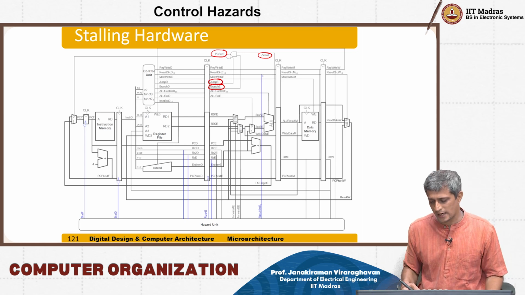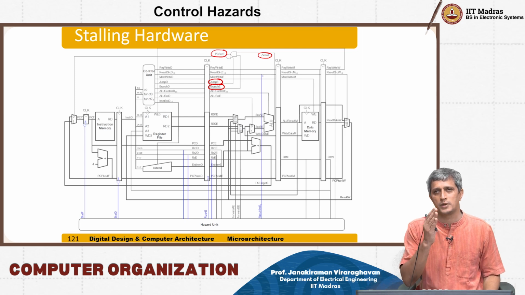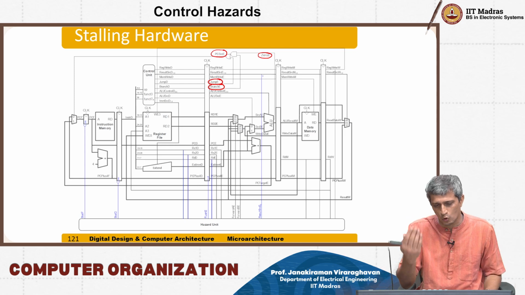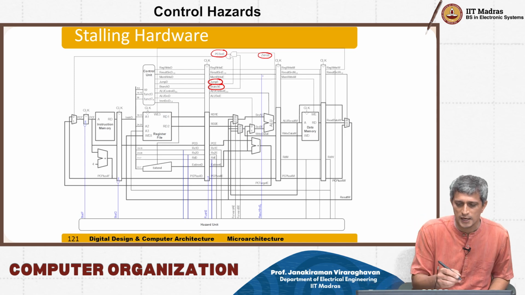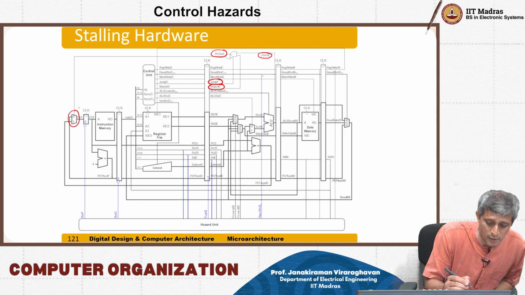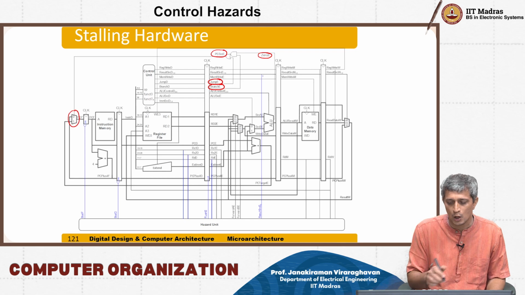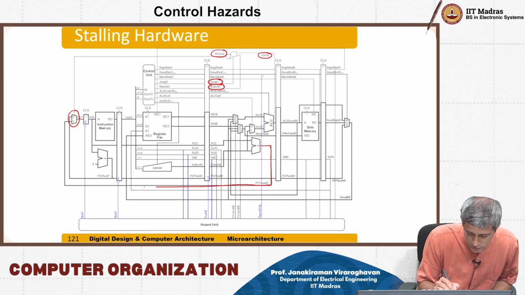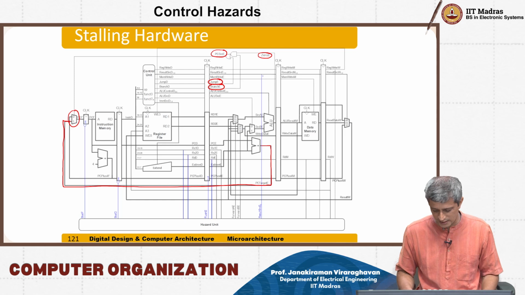So PC source E is going to tell you that the PC source is not just PC plus 4 now, it needs to be something else. And therefore you're going to appropriately set the input to this particular multiplexer, which is going to choose between PC plus 4 or the new PC target that is coming out of this particular block here. That's what the PC source E signal is doing.